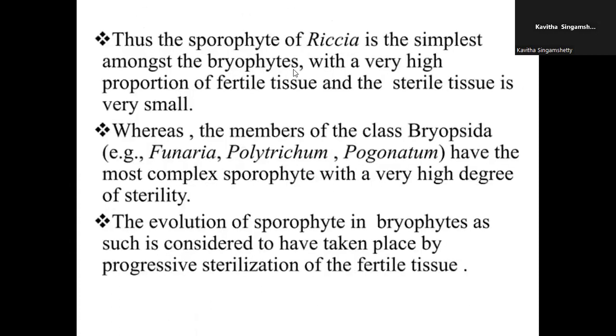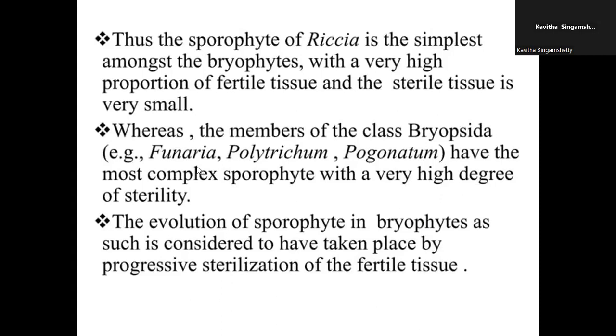Thus the sporophyte of Riccia is the simplest among the bryophytes, with a very high proportion of fertile tissue and a very small amount of sterile tissue. Whereas in the advanced or complex forms of bryophytes, that is in Funaria, Polytrichum or Pogonatum, we see complexity in the sporophyte with a high degree of sterile tissue and decreasing fertile tissue.